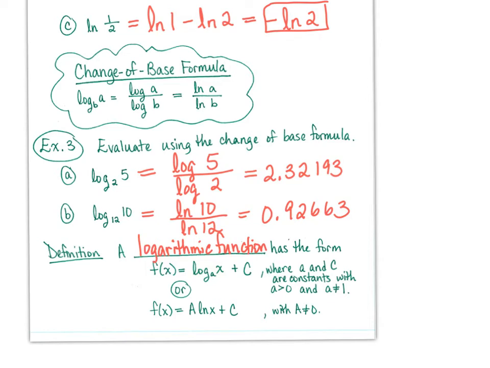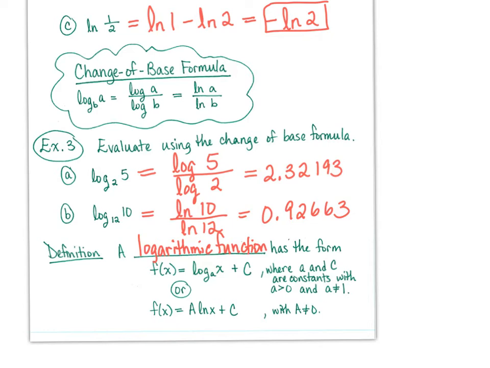The form of it is f of x equals log of x base a plus c, where a and c are constants with a greater than 0 and a not equal to 1. So your base cannot be negative, okay? And it cannot be 1, okay? Or you can have f of x is equal to a times the natural log of x plus c with a not equal to 0. Okay, so that's a logarithmic function.